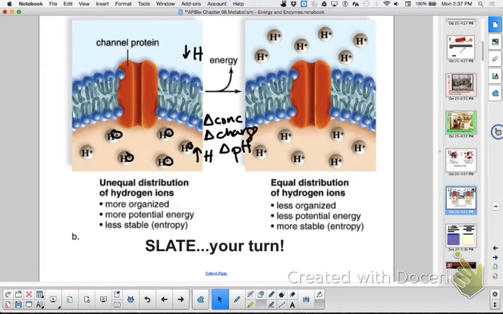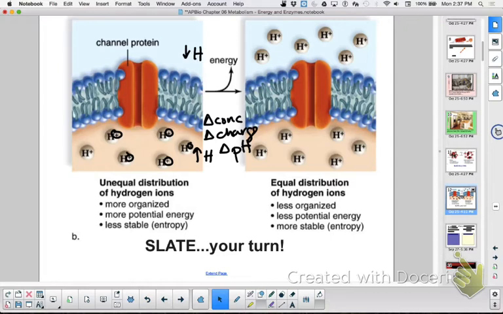And remember how we talked about coupled reactions? An exergonic reaction, one that releases energy, can drive an endergonic reaction, one that needs energy. So these hydrogens want to go to that other side, and you couple that with the production of ATP. They're so motivated to go through that they go through the ATP synthase complex, the little turnstile that we're going to learn about in the next couple chapters.